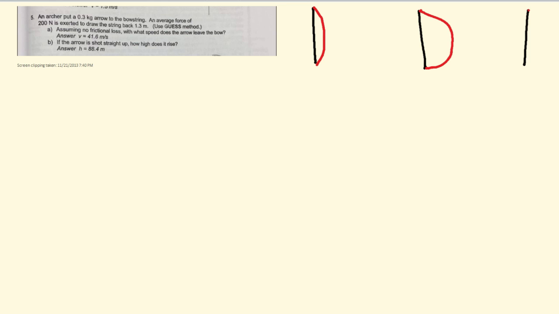And in the third phase, the arrow has left the bow. Let's pick a different color for the arrow. So pretend the arrow is right here. And then when he pulls it back, the arrow is right there. And then when he releases it again, the arrow is now moving.